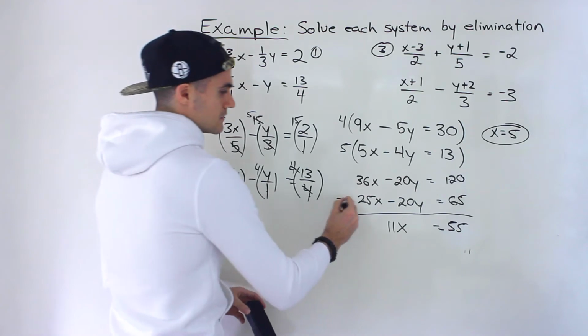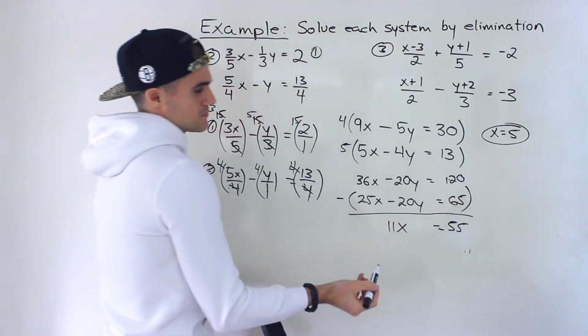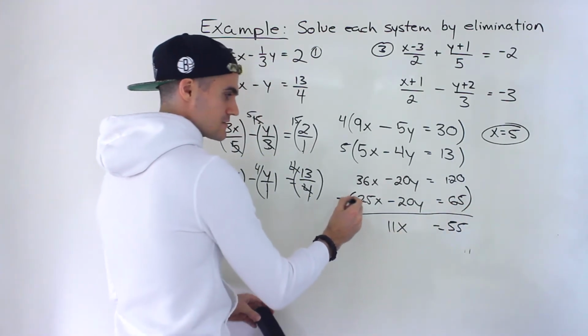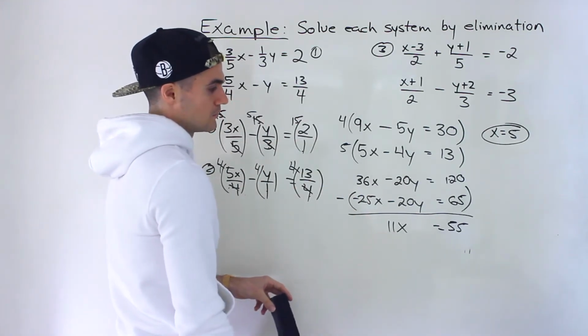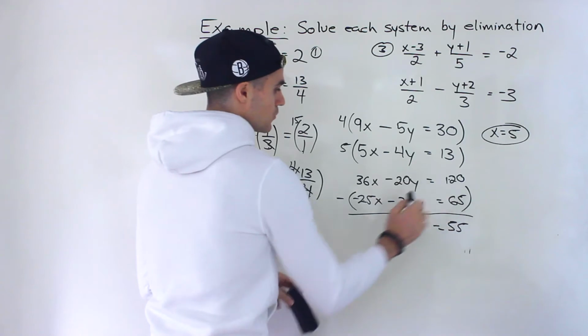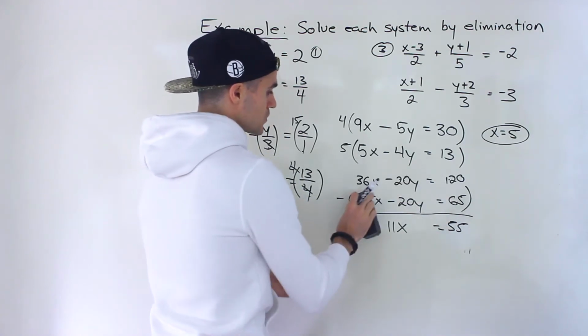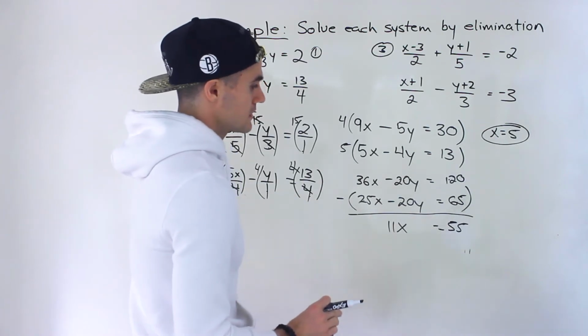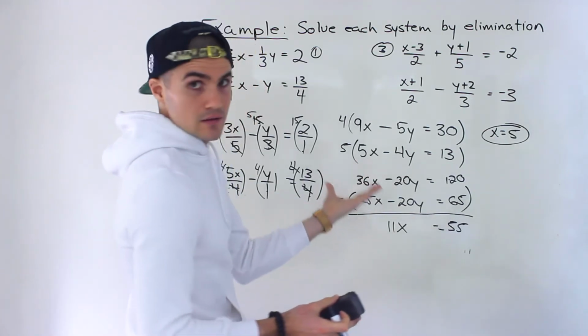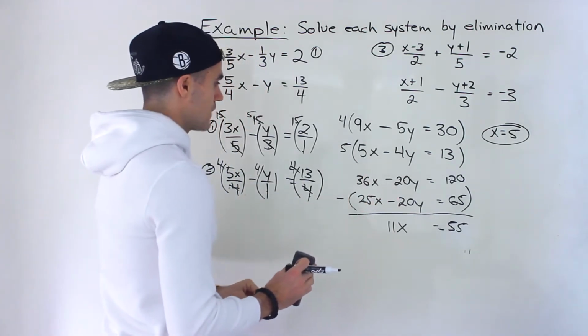The reason I usually don't like subtracting is because sometimes there's negatives, and then there's just more to think about. But in this case, there actually wasn't any negatives. So this way was probably easier. Everything lined up really nicely. So whichever way you do it, the x value is 5.